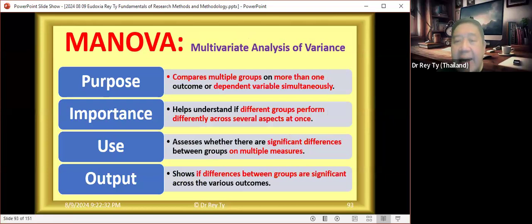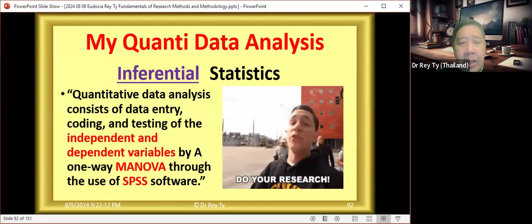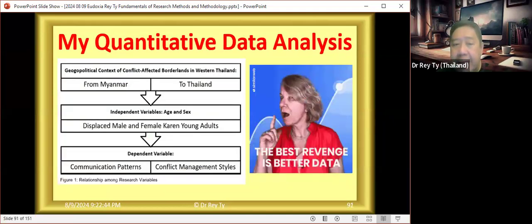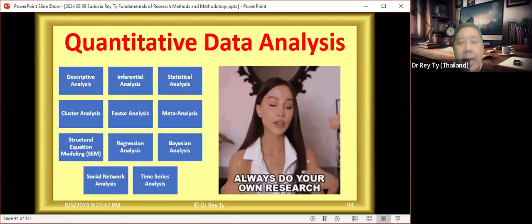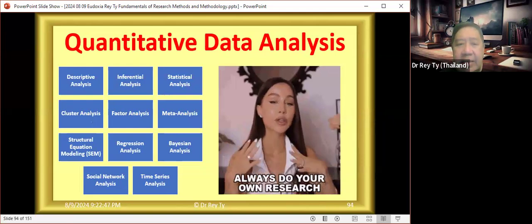Again, I have sex and age, and then conflict management style, and also communication pattern. So four, testing them, how are they related? So at the same time, we're checking all of these relationships going on at the same time. Okay, and there are many other types of quantitative data analysis, but the most common are descriptive and inferential.